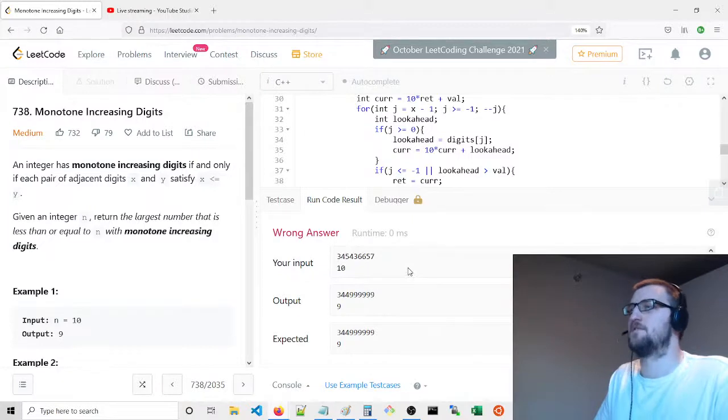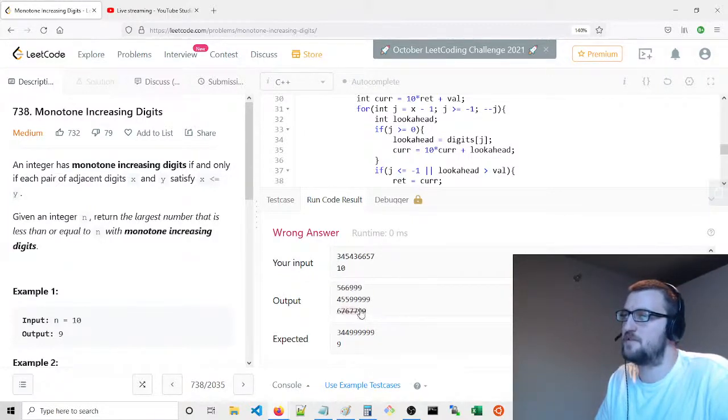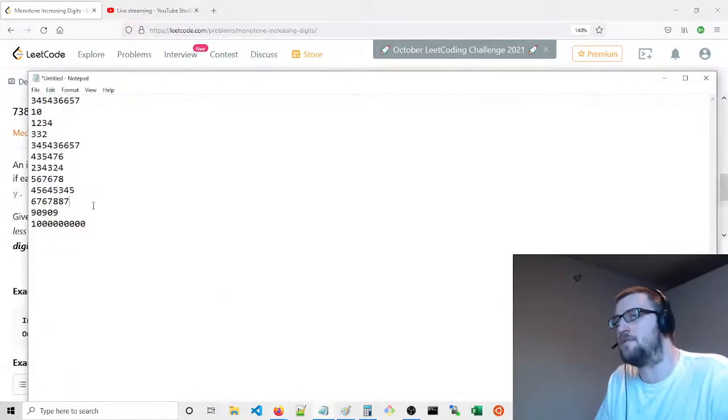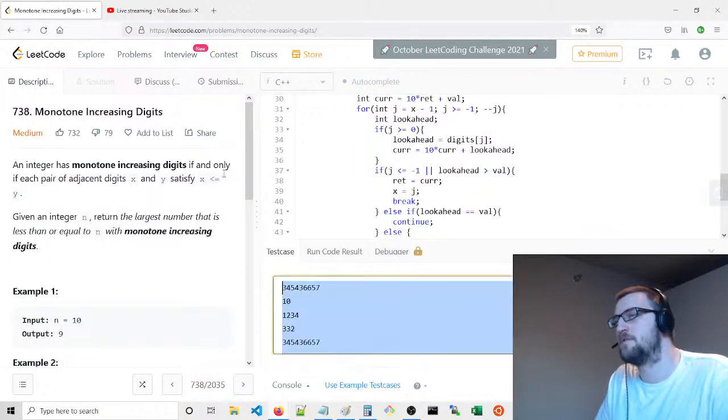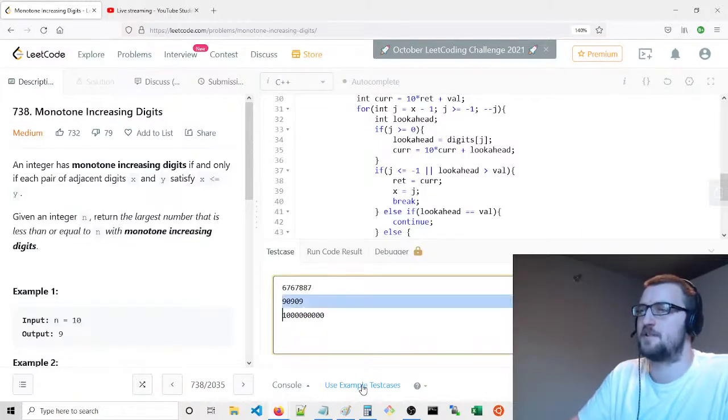This one, huh? The only one. 3 from the bottom. Did I have my logic wrong?